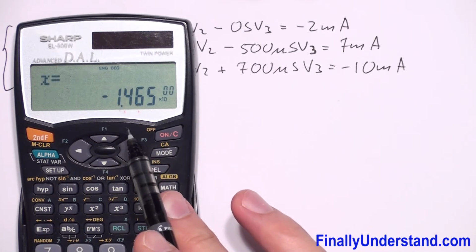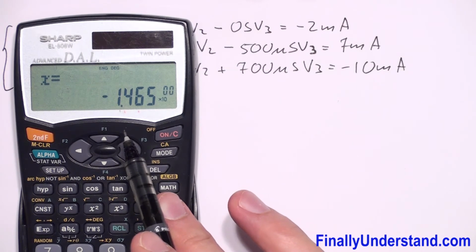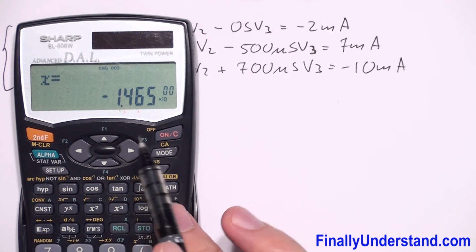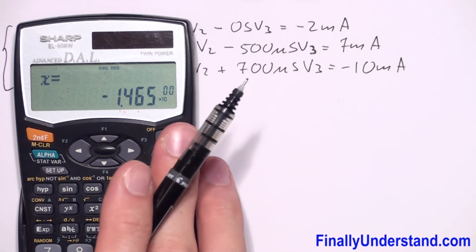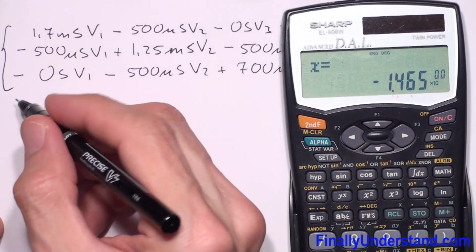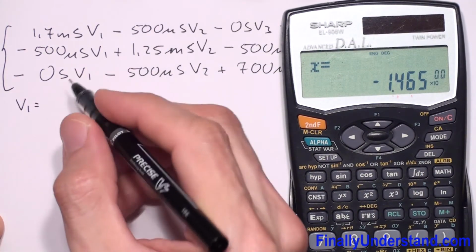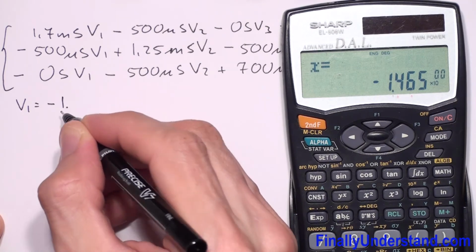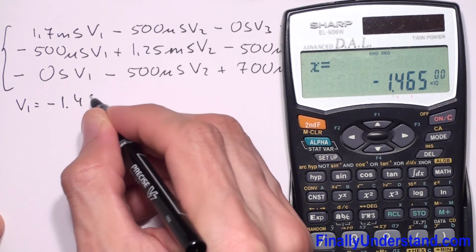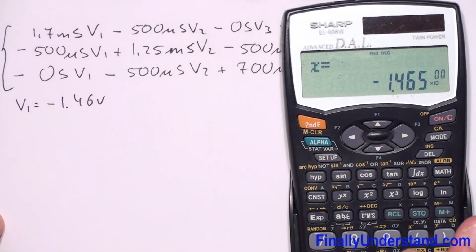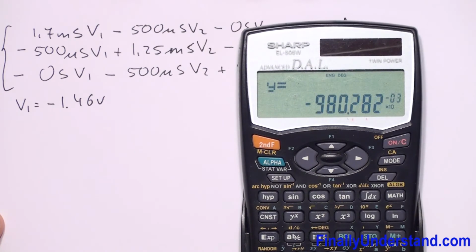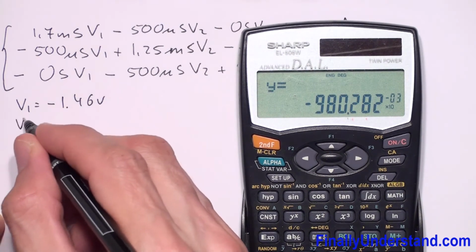My V1 is equal to negative 1.46 volts. Okay, so this is my V1. I'm going to write this over here. V1 is equal to negative 1.46 volts.